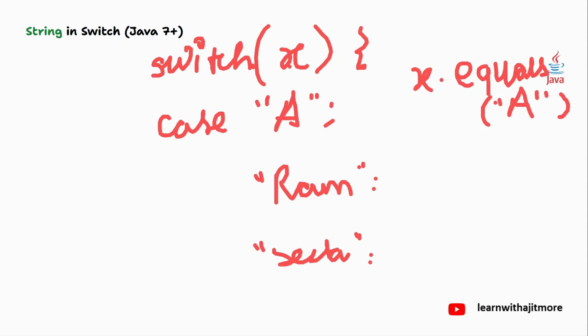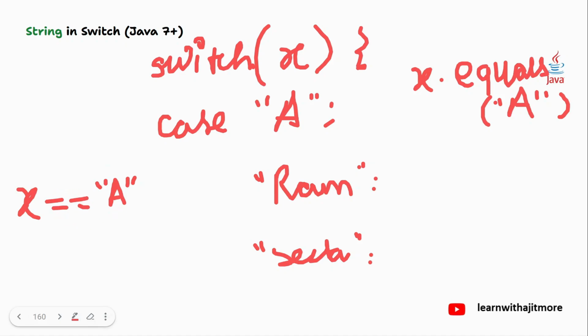So it will compare X with A, X with Ram, X with Sita. But the comparison is done on what basis? The equals method. The comparison cannot be done like this: X double equal to double quote A. If it does the comparison like this, then it is not actually comparing the values, it is just comparing the references.